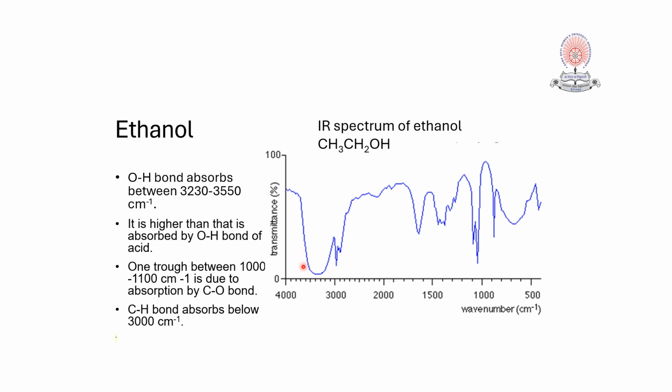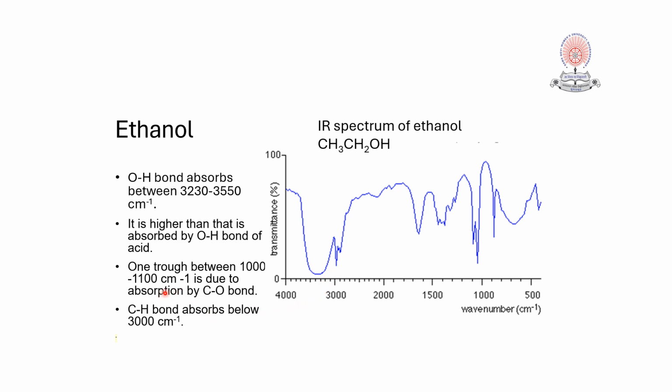So you can see transmittance is low, that means absorption is high. The OH bond of the acid absorbs at higher wave number. So we can infer that it is from an alcohol group.